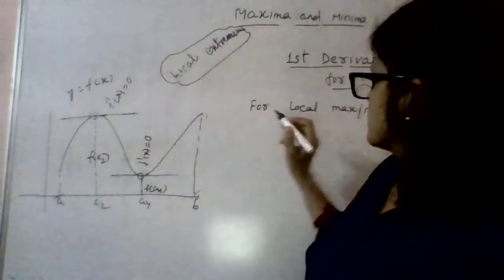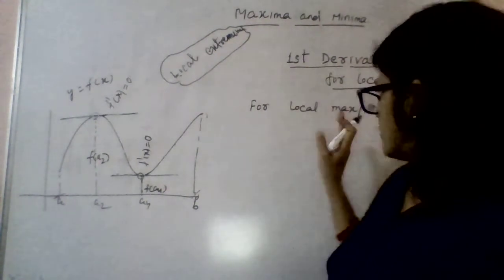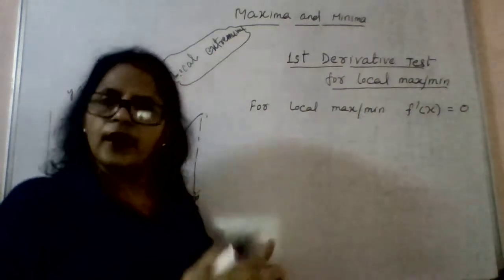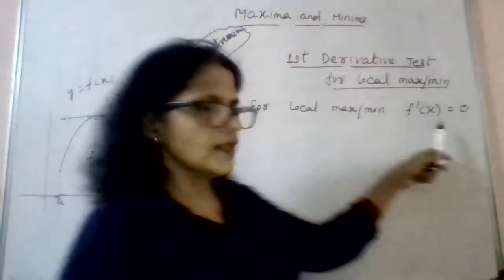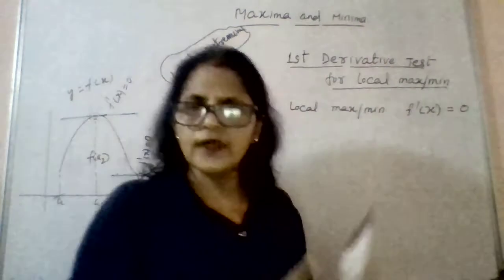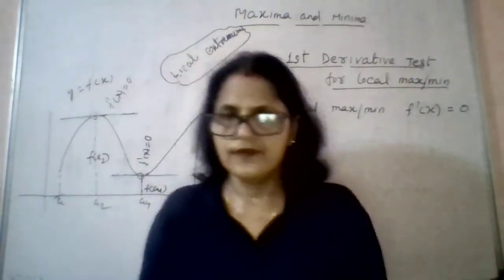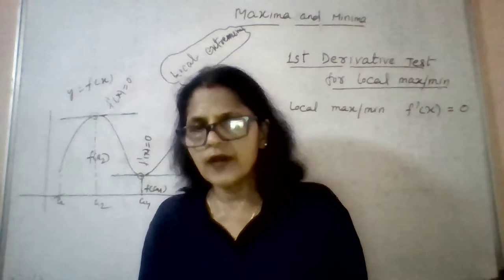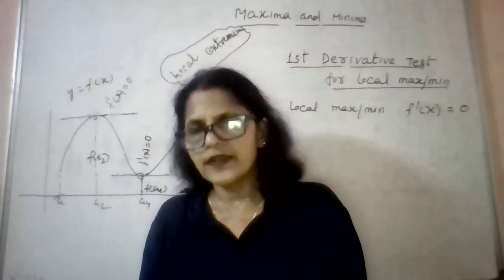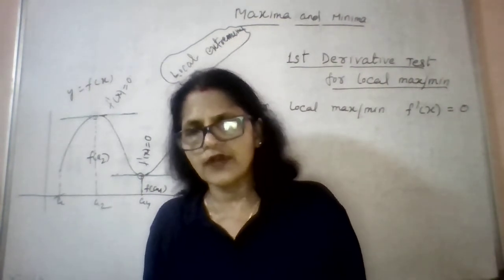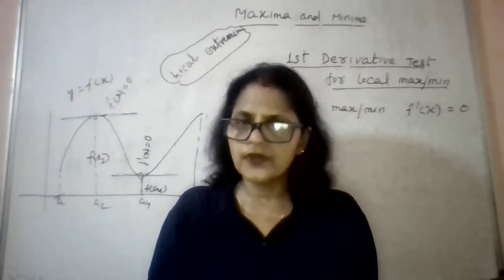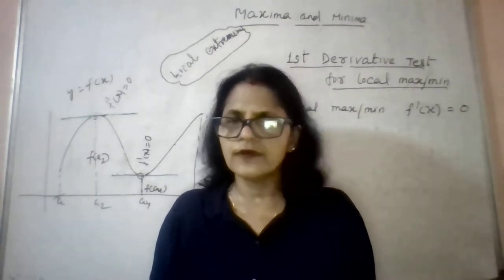So one observation you can see here: for local maximum and local minimum, f dash x equal to 0. Then what is the difference between local maximum and local minimum? I mean, how do we identify that this point is a local maximum and this point is a local minimum, because in both cases the first derivative is equal to 0?